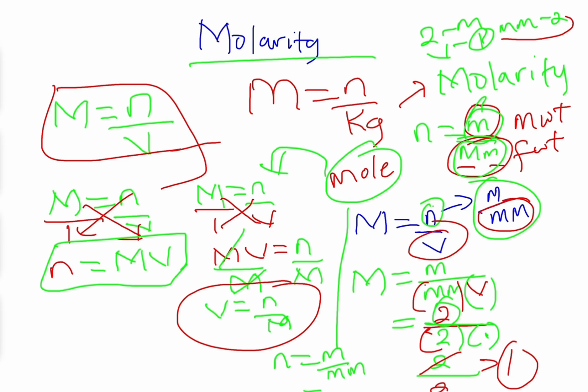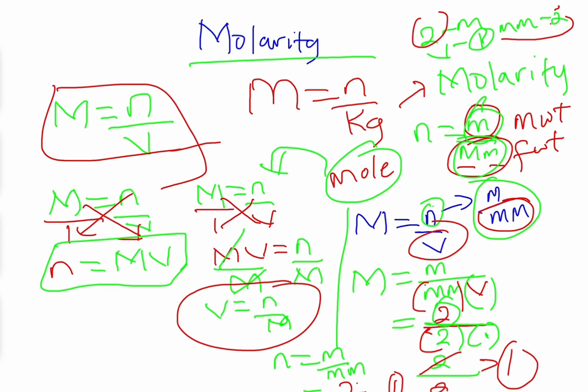What is the mass they gave us right here? The mass is 2, divided by the molar mass. What is the molar mass that was given to us? It's the same 2 right here. So 2 divided by 2 is just 1. So the mole here now is 1.